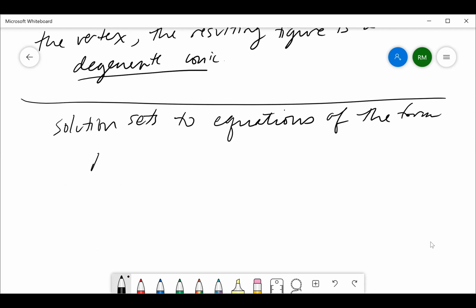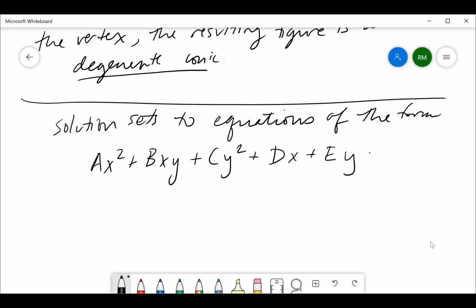You take an equation like this, set it equal to 0, and find all the x and y values that make this equal to 0. Now, sometimes you get one of the 7 types of conic sections we saw above.